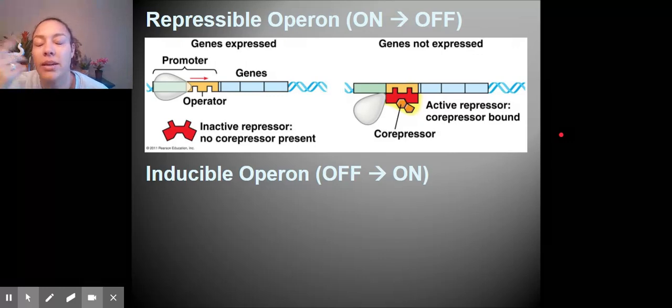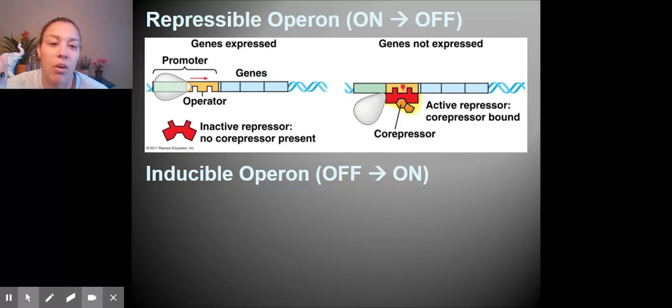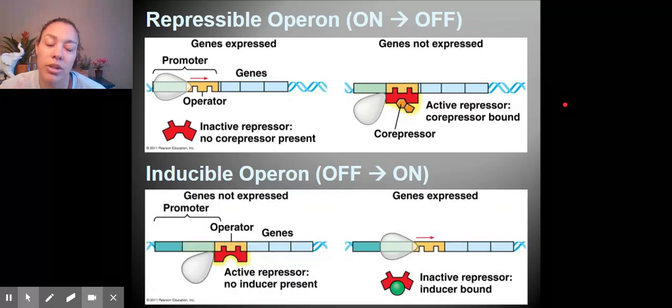There's different types, like I just said. There's repressible, where gene expression is active, and then that regulatory gene can develop a repressor that will go and attach and block and shut off gene expression. Or it could be the opposite, which is inducible, where gene expression is turned off.